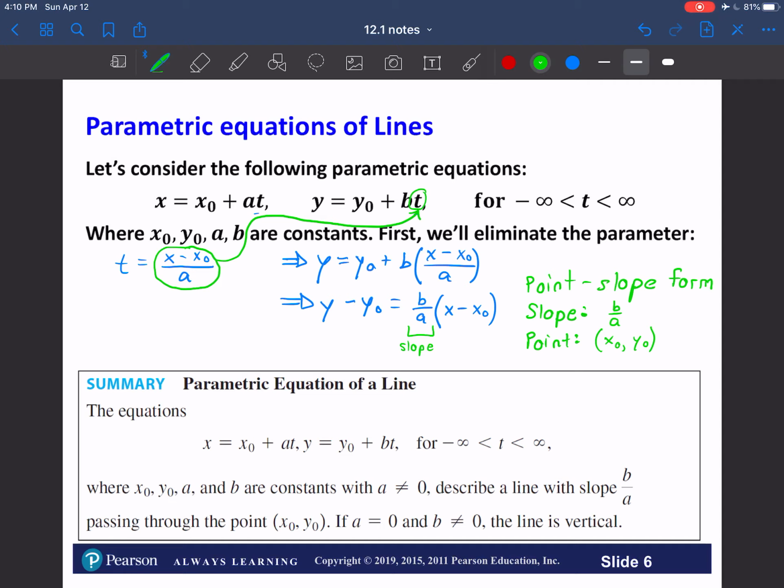All right, and so the basic idea here is that if you want to write a line in parametric equations, one way to do that is using these two parametric equations. It is certainly not the only way, but it is a way to do it. All right, so the summary down here kind of gives the idea.